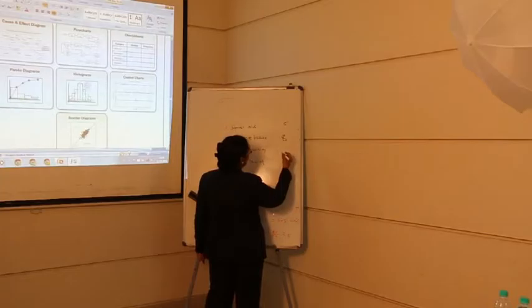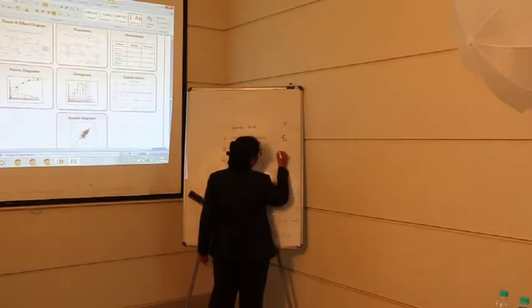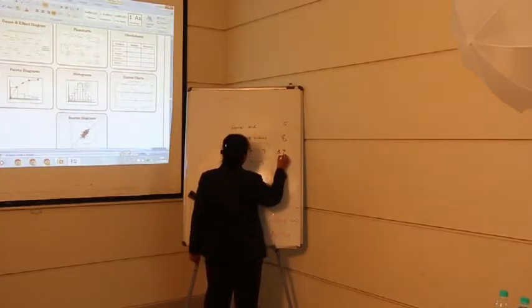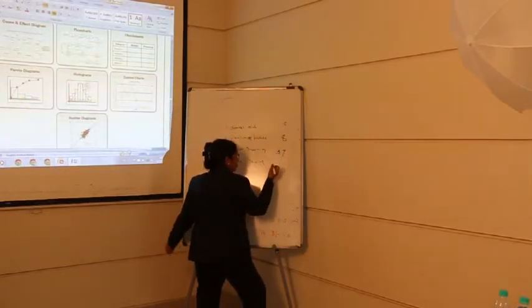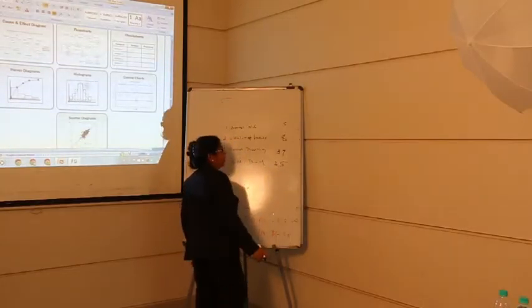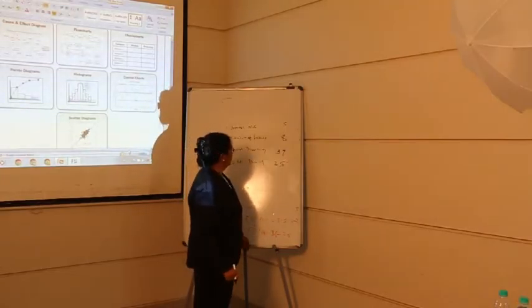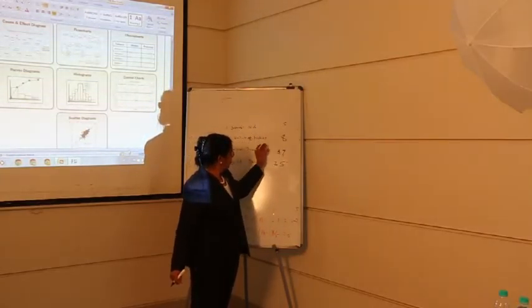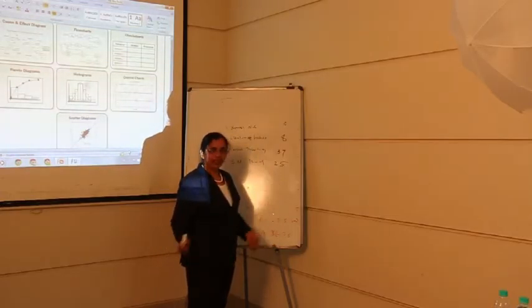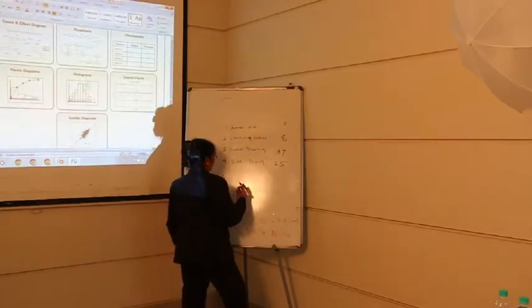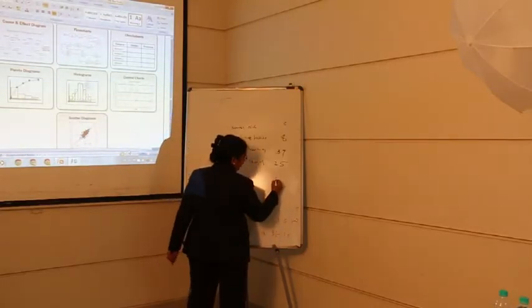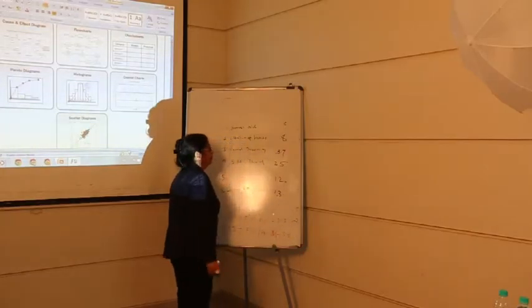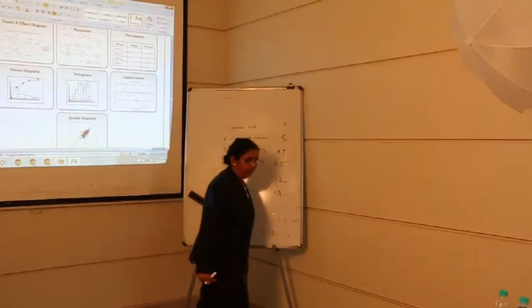For this, maybe 37 cases I find communication not good, and for this maybe 25 cases. So how many? 75. And for reason 1, reason 2, whatever. Okay, 12 and 30. What does this tell you?